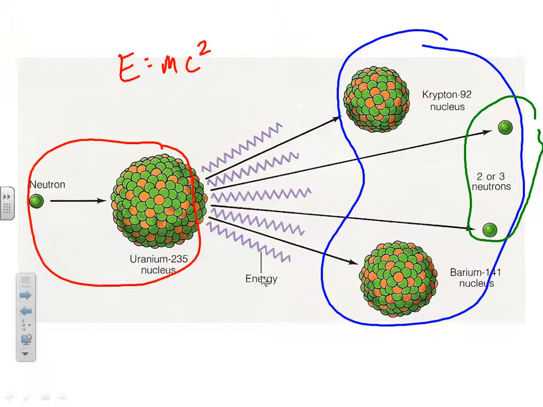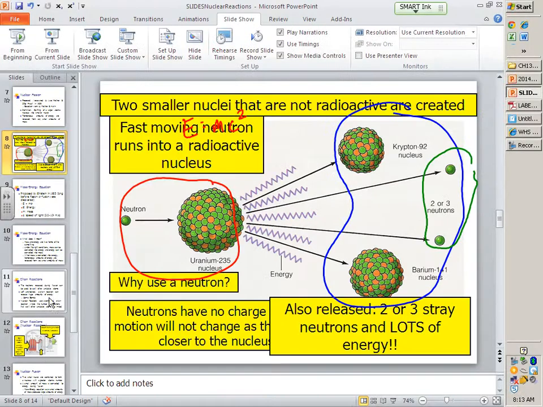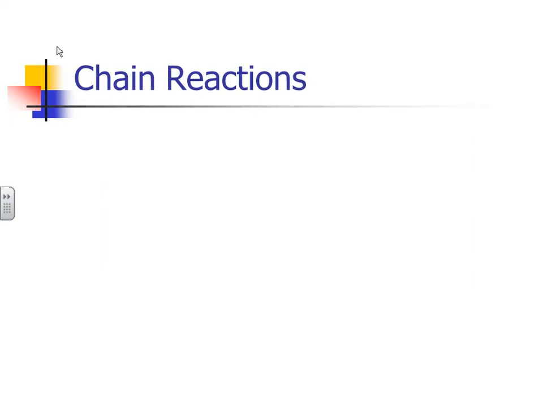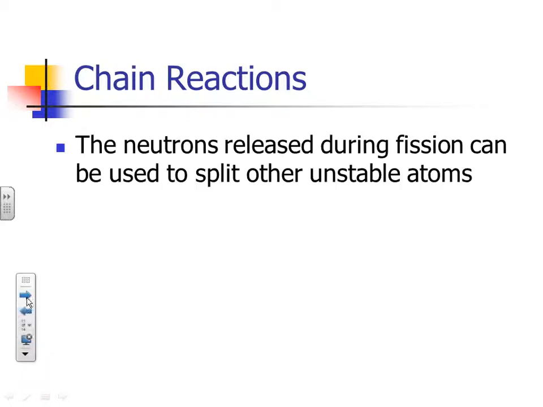Okay? So that process where we're using the neutrons that are released from the original fission reaction to start new fission reactions in other atoms, we refer to as a chain reaction, right? The neutrons released during fission can be used to split other unstable atoms.